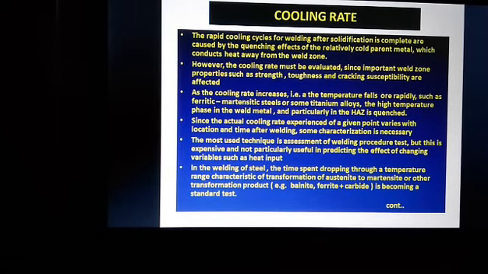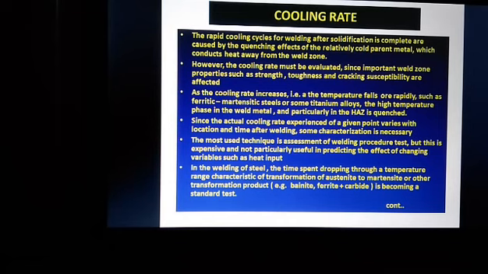Cooling rate. The rapid cooling cycle for welding after solidification is complete is caused by the quenching effect of the relatively cool parent metal, which conducts heat away from the weld zone.